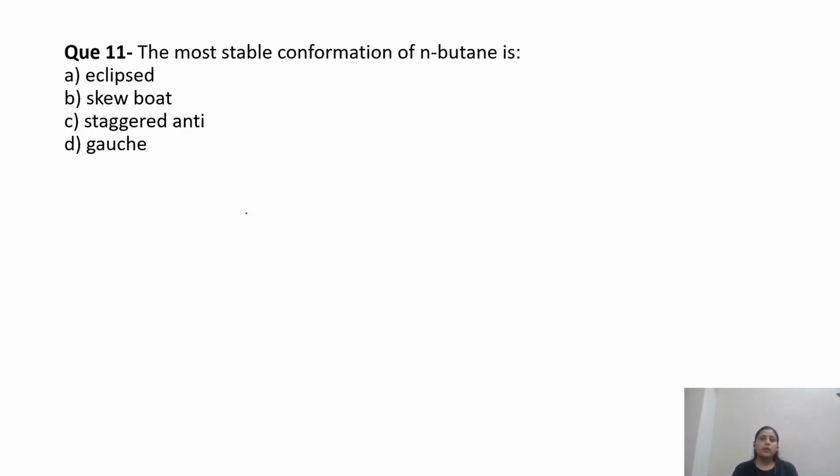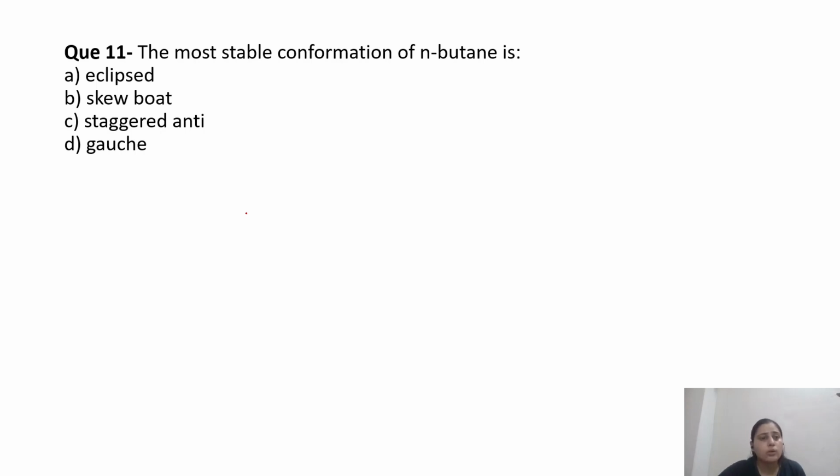Since the polymers or the monomers can be in different conformations, with different chemical structures present, the most stable one, which has the lesser energy, will be mostly found because it is stable. And we need to see in this question what is the most stable conformation of n-butane.